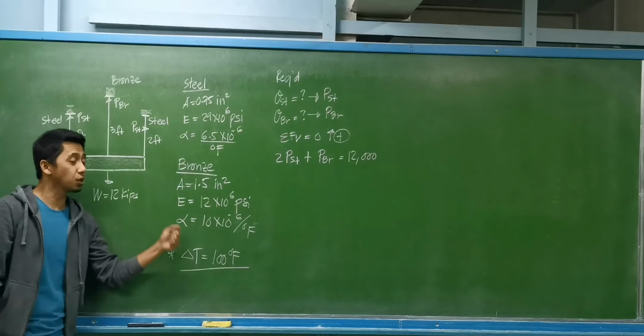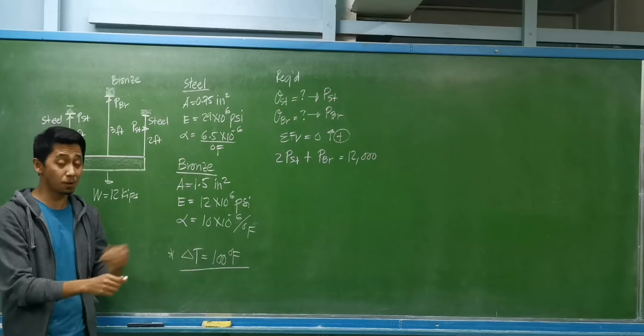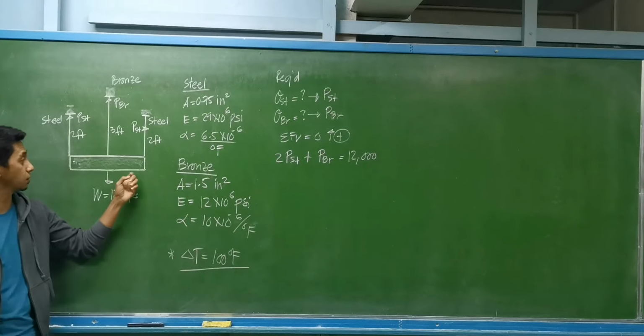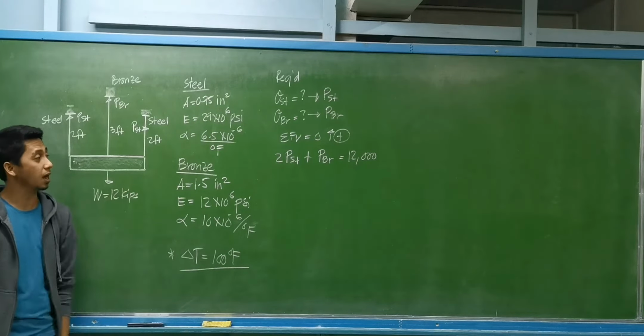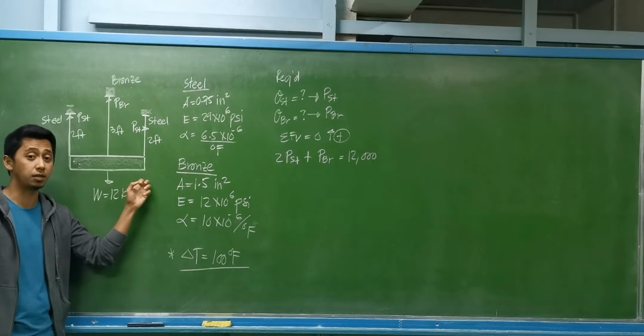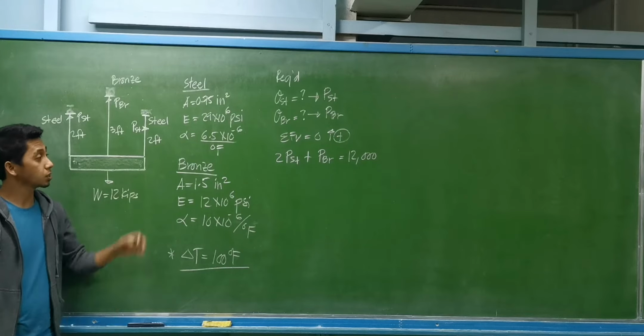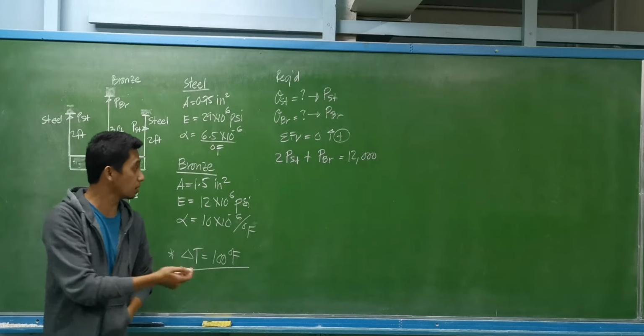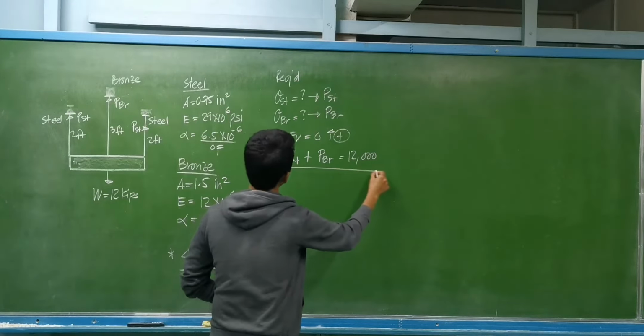Summation of forces horizontal and summation of moments will not be applicable for this problem. To compute for the unknowns, this is a statically indeterminate problem. So therefore, we have to apply the concept of strain.